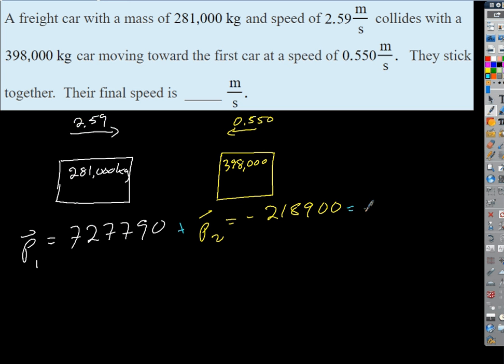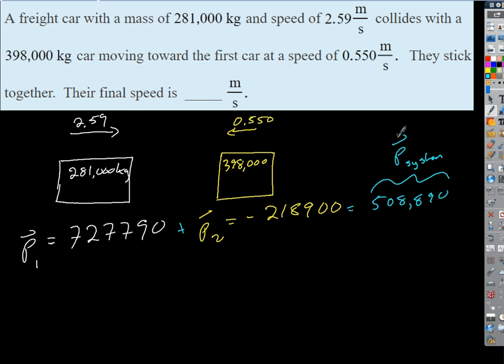About 500,000. 508,890. Yeah, 508,890. So we'll pick it up tomorrow, but that's the momentum of the system then, right?